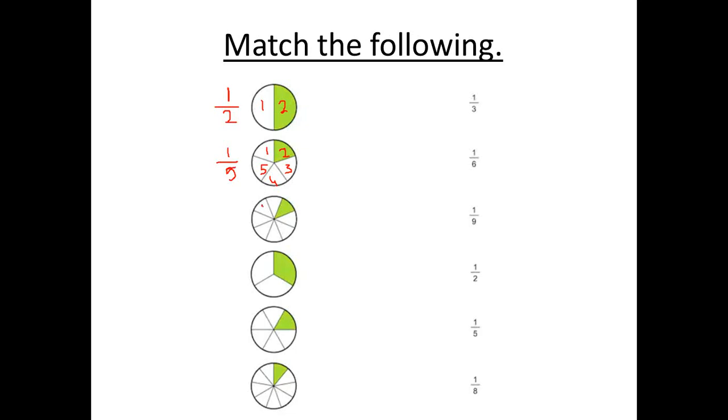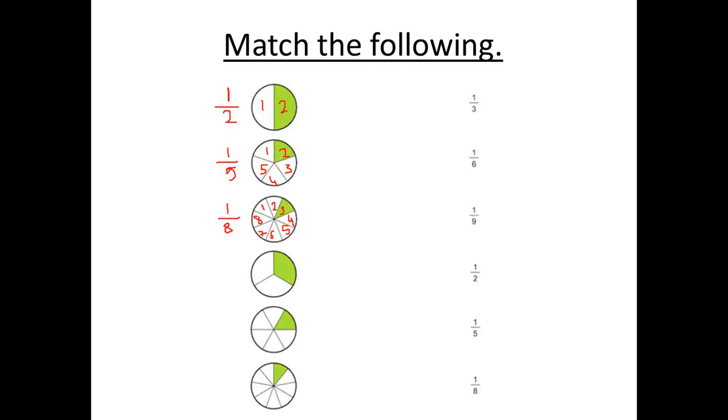Next, 1, 2, 3, 4, 5, 6, 7, 8. Right? 8 equal parts. Only one part has been shaded. So part of whole equals 1 and there are 8 equal parts. So 1 by 8. Right?